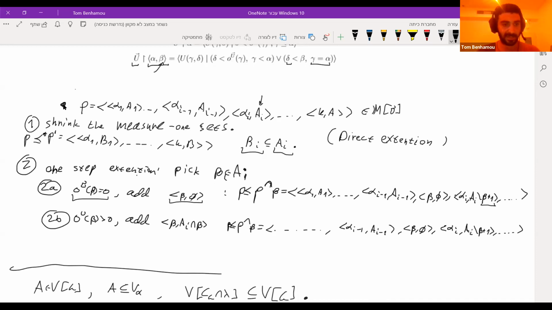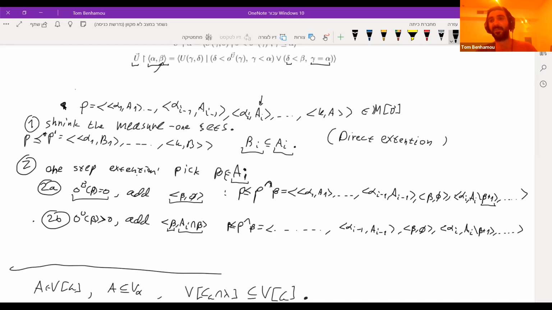Okay, so this is in case that the order of beta is 0. In case that the order of beta is larger than 0, then we add a pair of the form beta and AI intersection beta. We are already committed to candidates from the set AI, so when we add an ordinal beta, we are still committed to the same set of candidates.